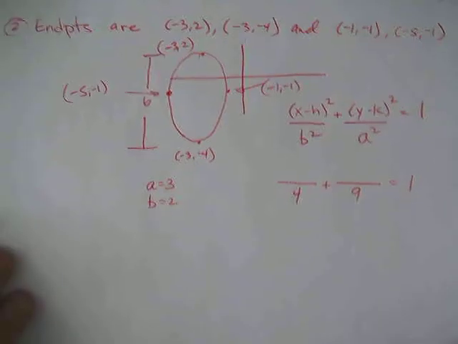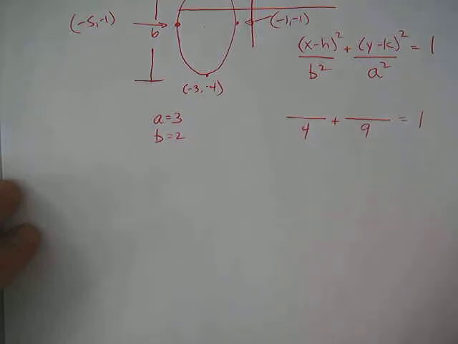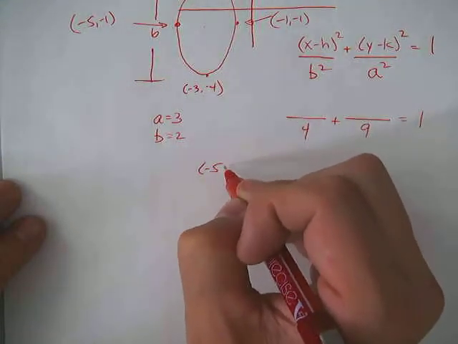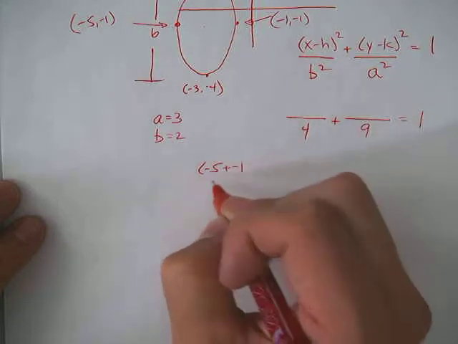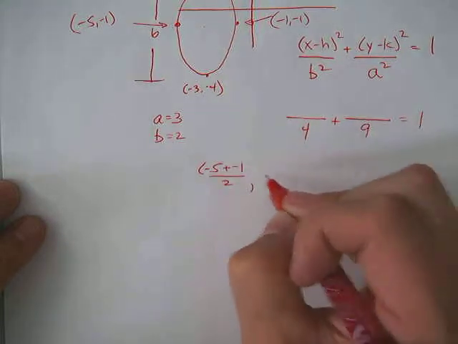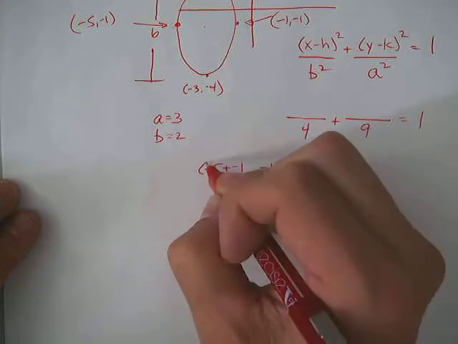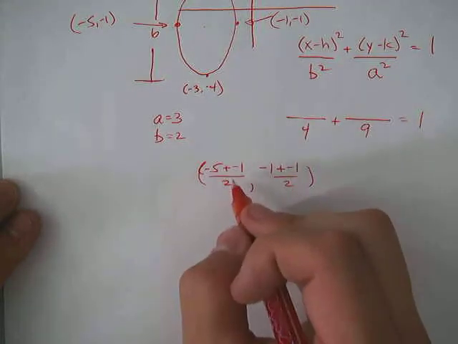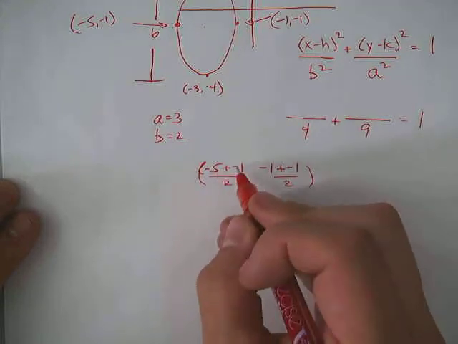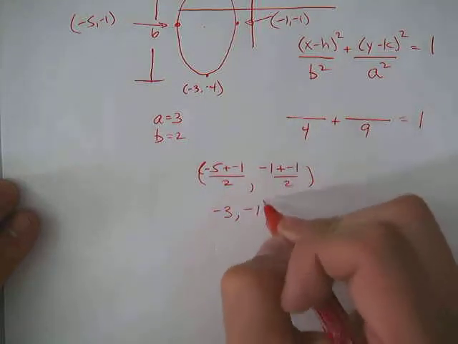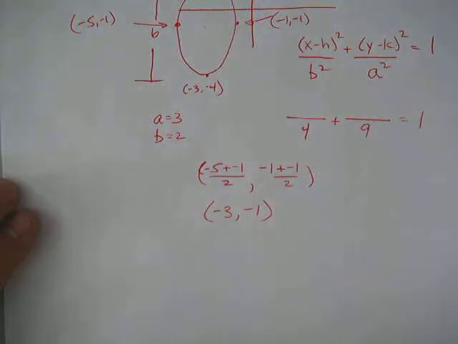Now the question is, what's my center? Well, that's fairly easy. The center is just going to be in the middle of these 2 points. So you just need to do the midpoint formula. Let's just say we do these 2 points. That would be (-5 plus -1) over 2, and (-1 plus -1) over 2.